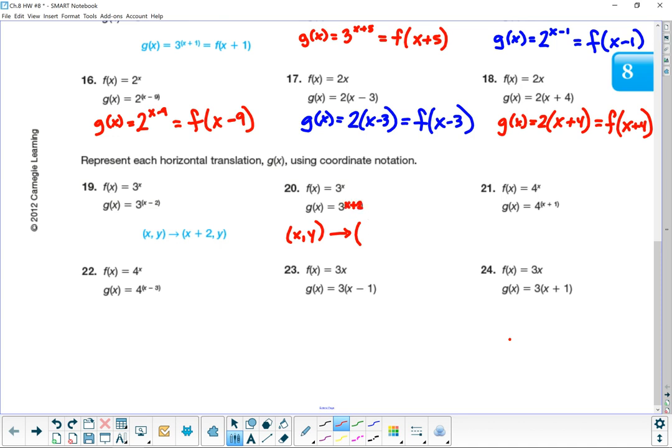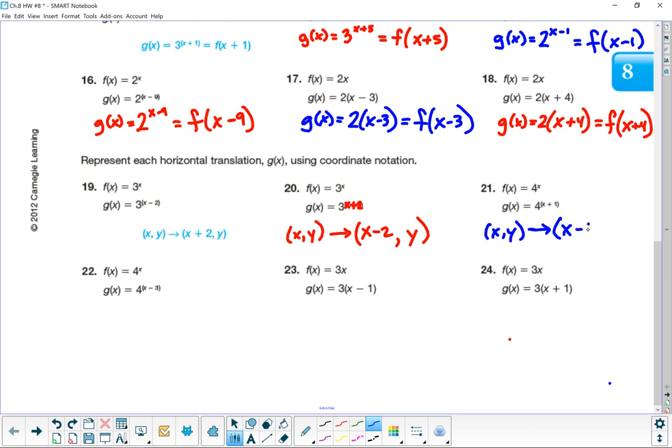Remember, what's really going on is it's going to be opposite, so it's going to be x minus 2. And you can see how they did it there too. It was x minus 2, and they're using x plus 2. So with the horizontal, it's going to be opposite, comma y.